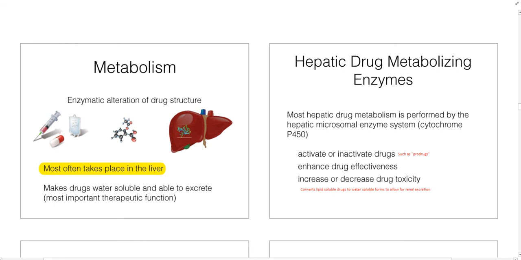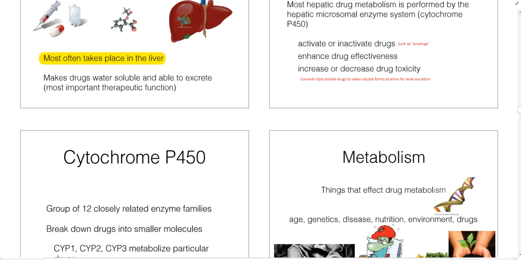They're actually inactive until the liver acts upon them with the P450 system. They can also enhance drug effectiveness and increase or decrease drug toxicity, such as by converting them from being lipid soluble to being water soluble to allow for renal excretion.